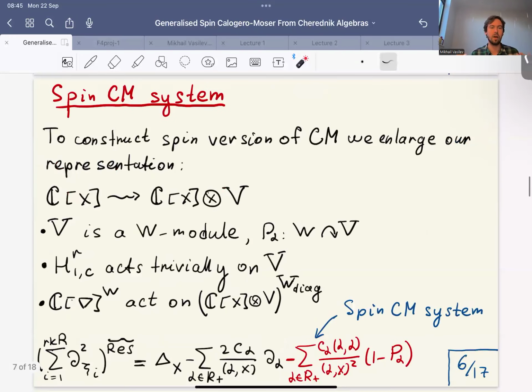How to construct spin versions? Spin versions are constructed in the following manner. We take the polynomial representation and we tensor it with some W module. And we say that the rational Cherednik algebra will act on this module simply as acting on the polynomial part.